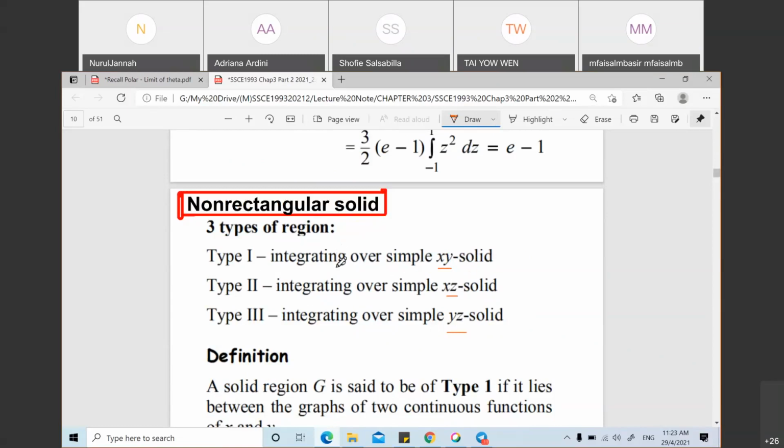Although we have type 1, type 2, type 3, each can be dx dy or dy dx. There is another type 1, type 2 here: dx dz, dz dx, dy dz, dz dy. So we have six different ways.